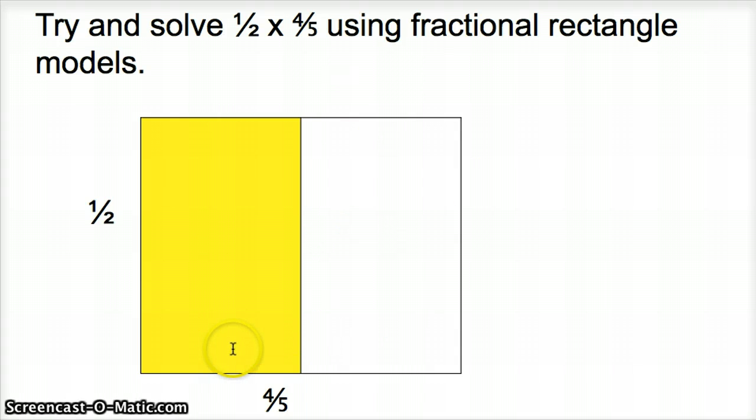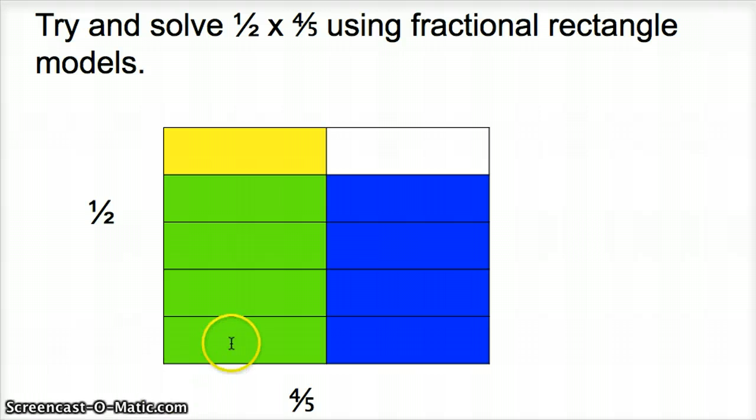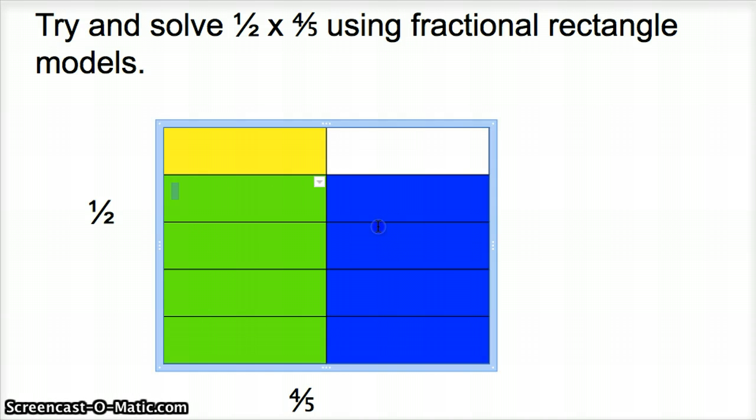The whole big rectangle, not just part of it, the whole thing into fifths. So in that case, I need 4 lines going up, 1, 2, 3, 4, and I would highlight all of these blue, 4/5, except I have 4 of them that are overlapping with the yellow and the blue to make them green. So I have 4 out of 10.